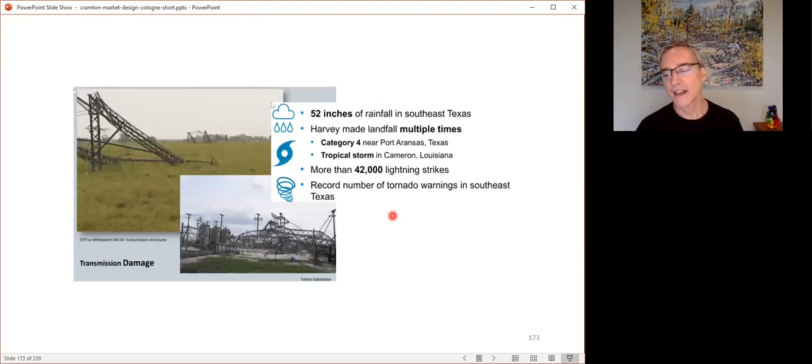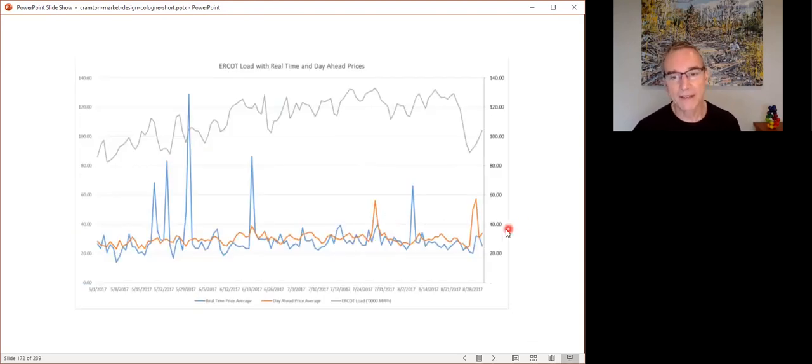The markets have performed, the better markets have performed really well, even in the events. Like here towards the end of August, you see a very high day-ahead price and then a lower real-time price.